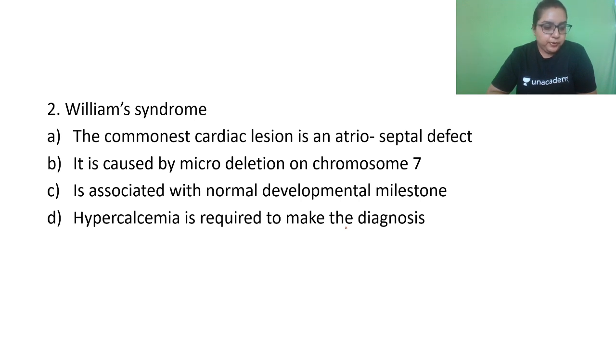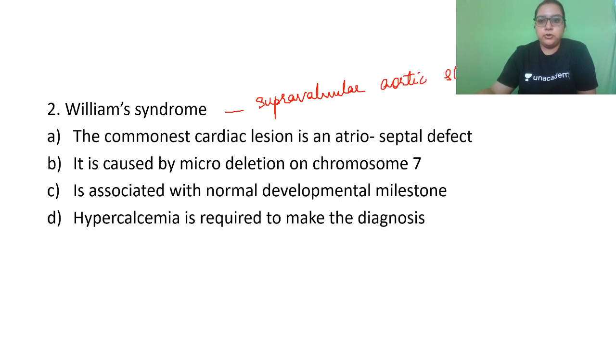Okay. Anybody else wants to give me some other answer? Williams syndrome? So I'm getting a mixed answer over here, but most of you have answered A. Actually, the commonest cardiac lesion in Williams syndrome is supravalvular aortic stenosis.